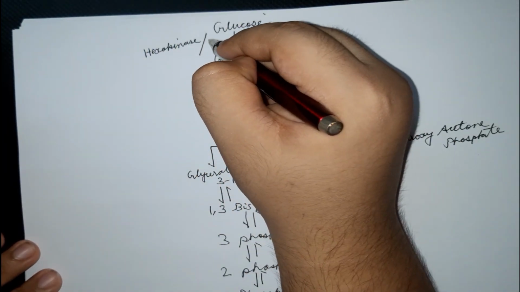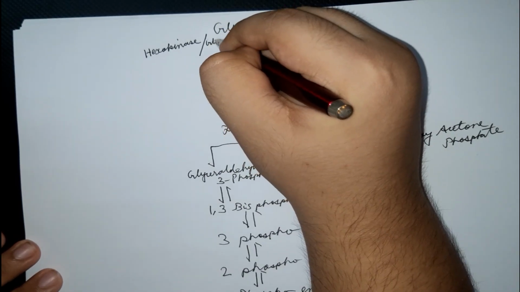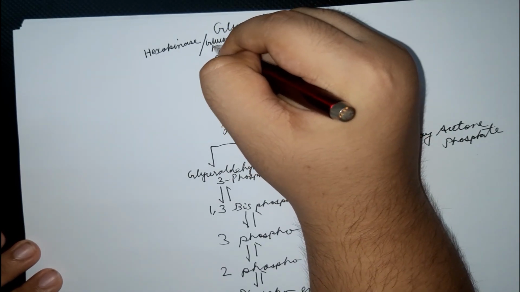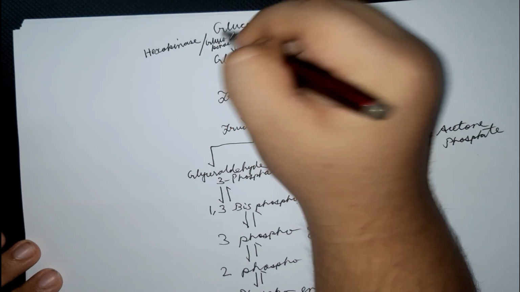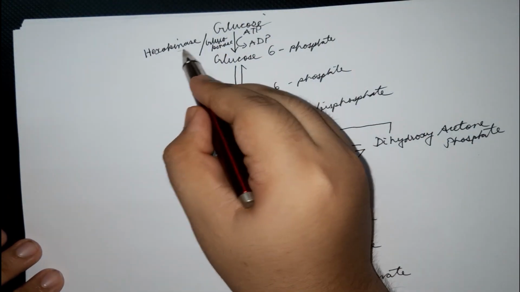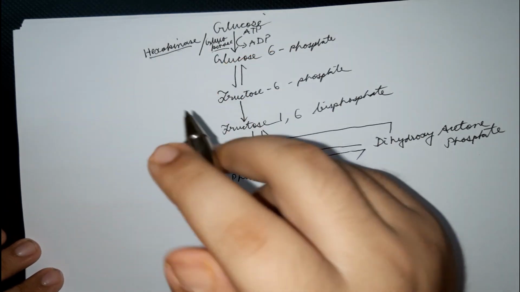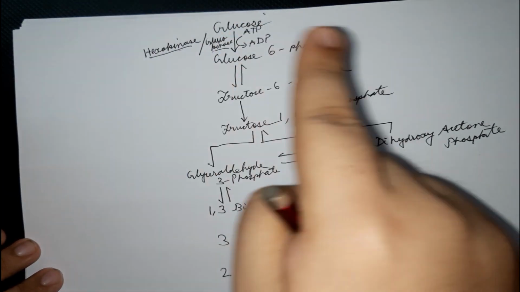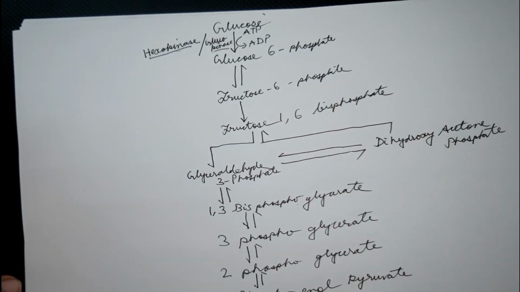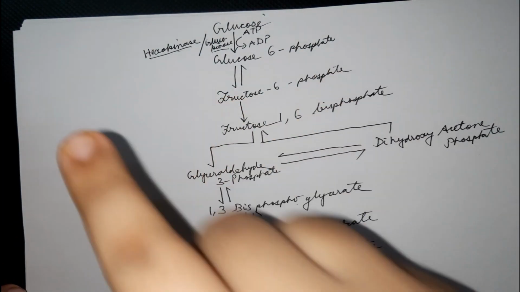or an isozyme of hexokinase called glucokinase. Okay, so hexokinase or glucokinase, these are actually two isozymes, isoenzymes of each other.